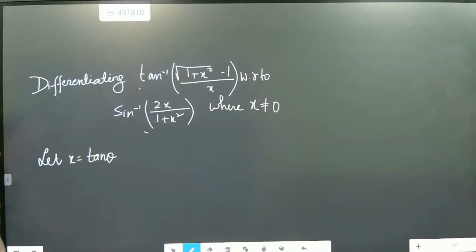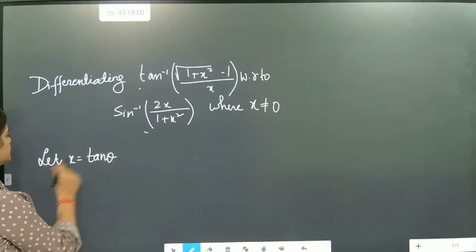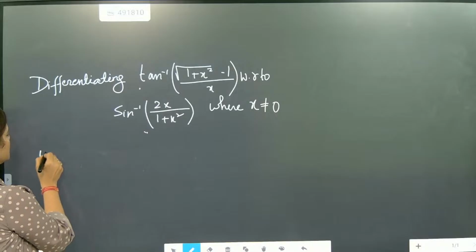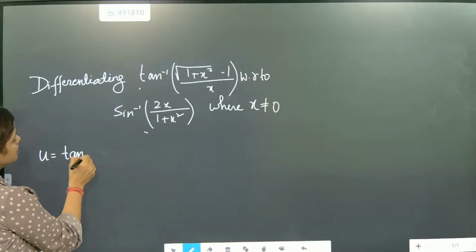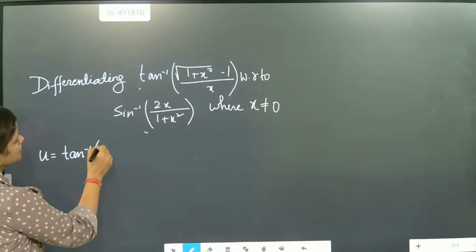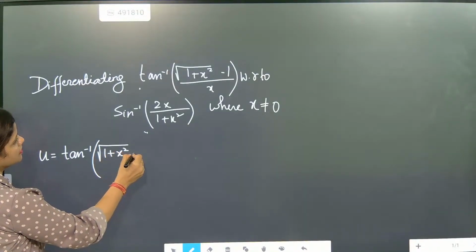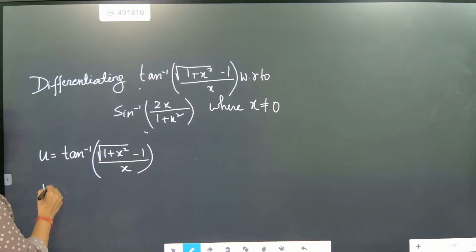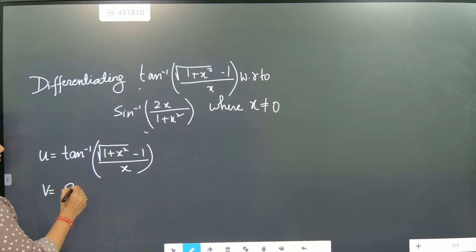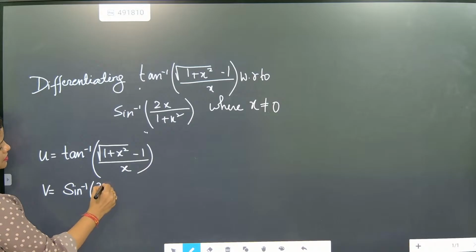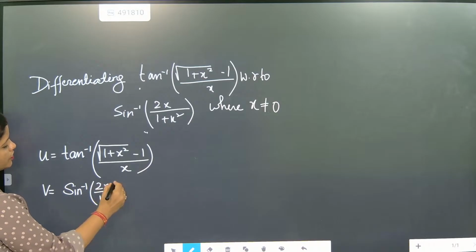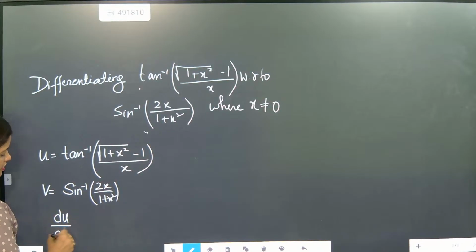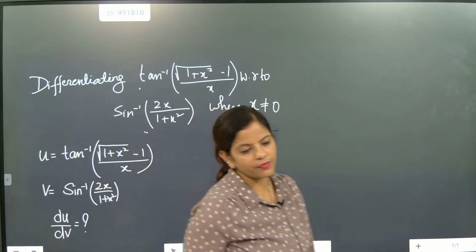Let u be tan inverse of the first expression and v be sine inverse of the second. So what you need is to find du by dv. This is what you actually have to find, correct? You have to find du by dv.